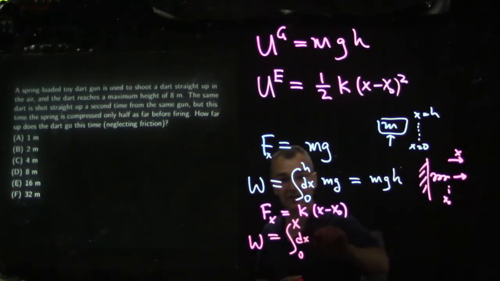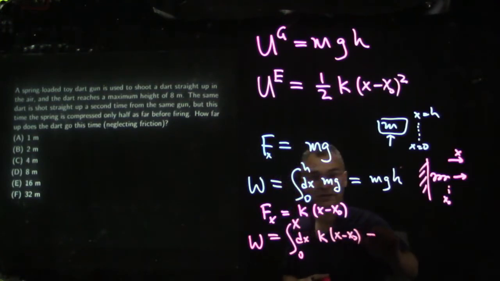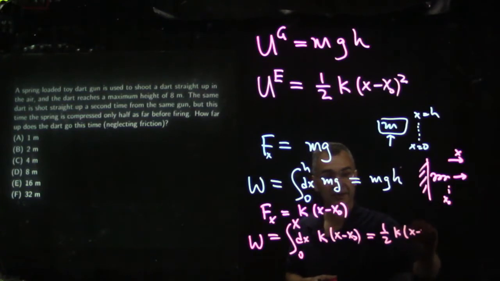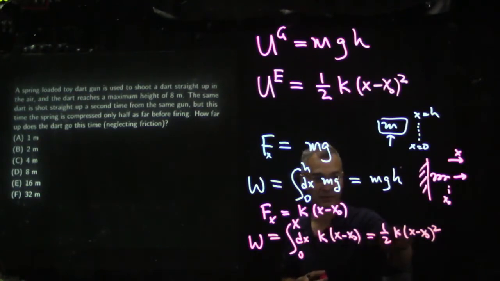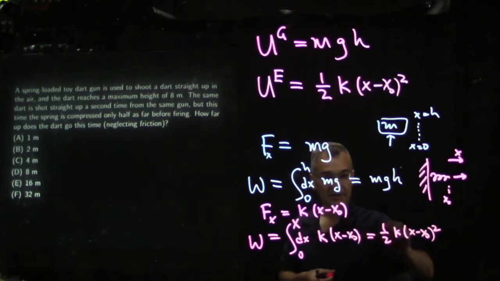I'm integrating dx, and here's the spring constant k, x minus x0, and that is 1/2 k x minus x0 squared. So I take this x minus x0 and integrate it with respect to x, and I get 1/2 x minus x0 squared, evaluated from 0 up to x.